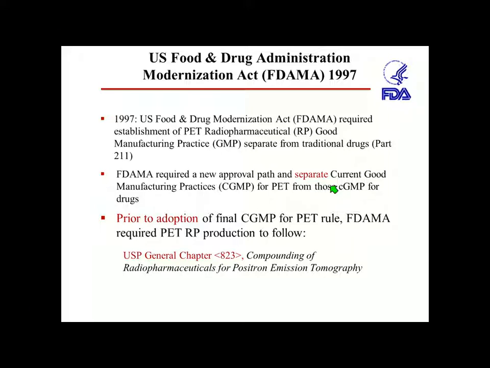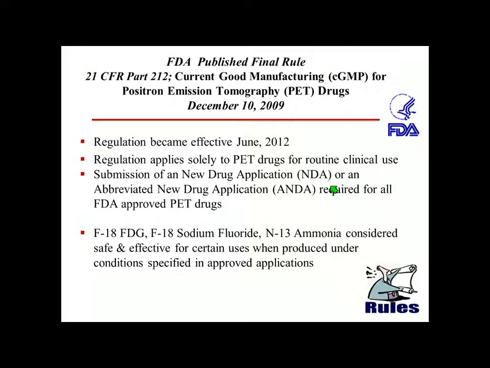So again, prior to the adoption of this GMP rule, during those years, we were required to follow our United States Pharmacopoeia, which is our national drug compendia, and it told us the specifications that we had to meet and the process. So again, we had to produce it until we had good manufacturing practice.